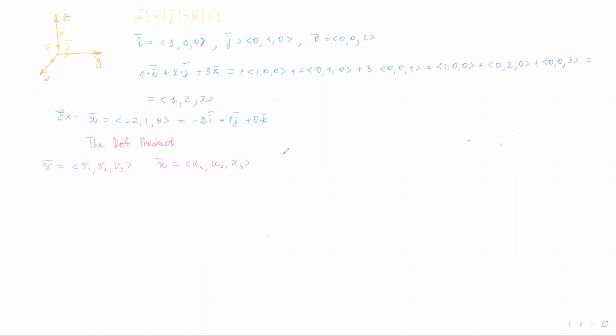Then by definition, the dot product between vectors v and u is equal to the product of components v1 by u1 plus v2 by u2 plus v3 by u3. Dot product is a scalar. Scalar means that it does not have a direction. It has only magnitude. Okay, so I'm going to write down scalar.